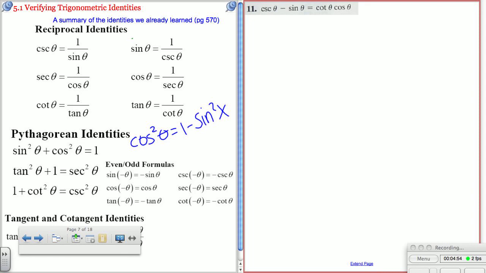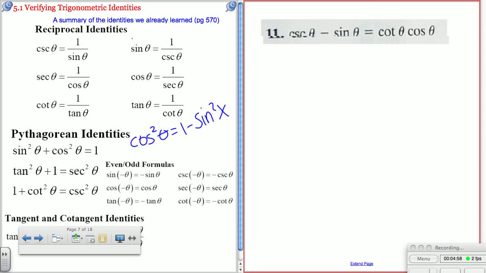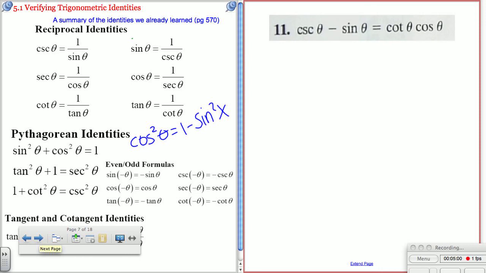Number 11. Let's go ahead and start with the left and change cosecant to 1 over sine. We'll leave sine the way it is. Now I want to combine those fractions, so I need common denominators here.